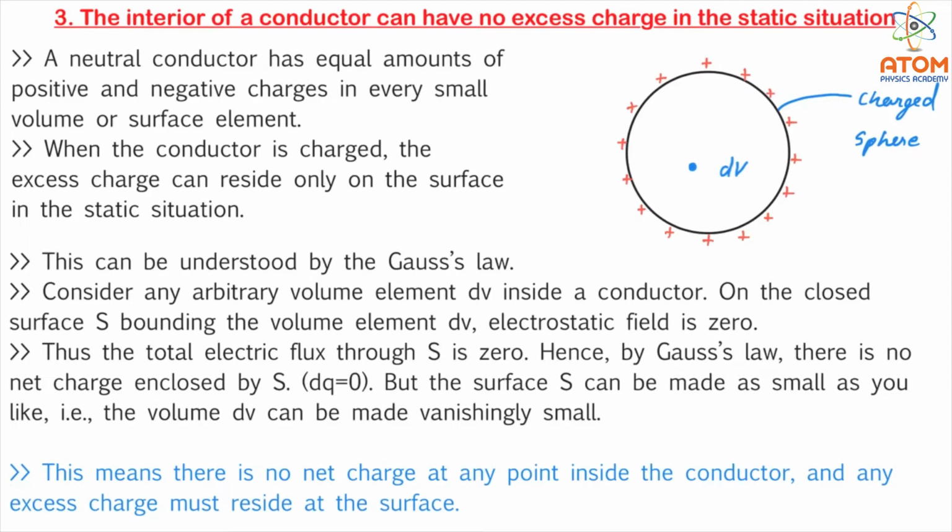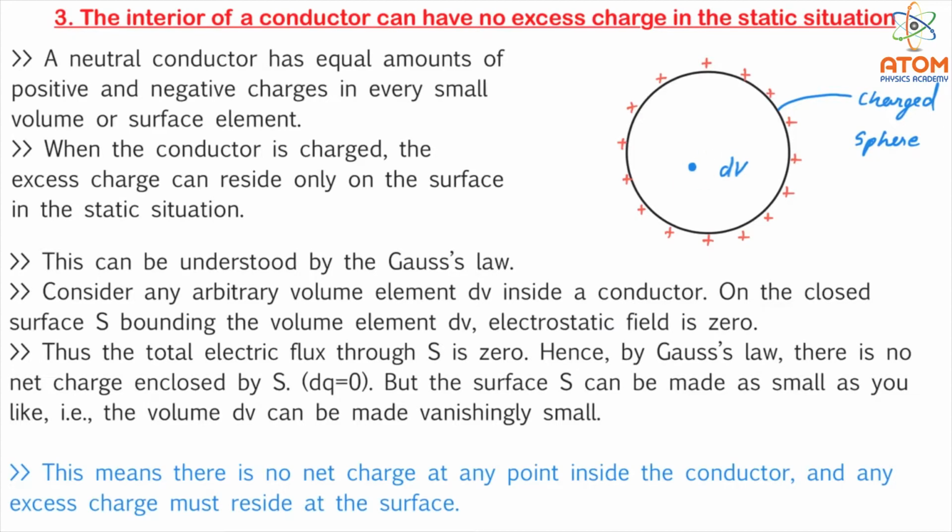Now this dV is in a portion where the electric field is 0. Let me recall again, we have already studied that inside the conductor electric field is always 0. So in this portion everywhere electric field will be 0. That means the dV element is in a portion where there is no electric field.